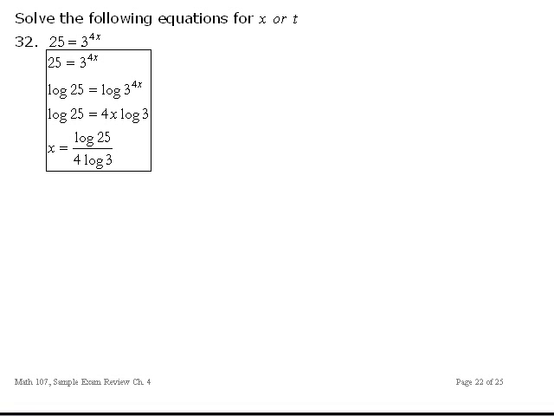There will be one question on here for solving for x or t when it's out in the exponent. You might be more used to doing word problems than to actually just working it out, and this is no different from what you're doing before. If I have a number over here, say 25, equal to 3 raised to the power of 4x, you want to solve for x. It's in an exponent. The only way to get it down is to use logarithms. You can use log or you can use ln. I'll use ln.